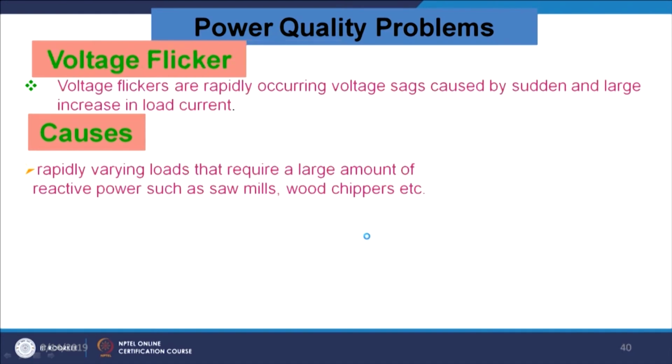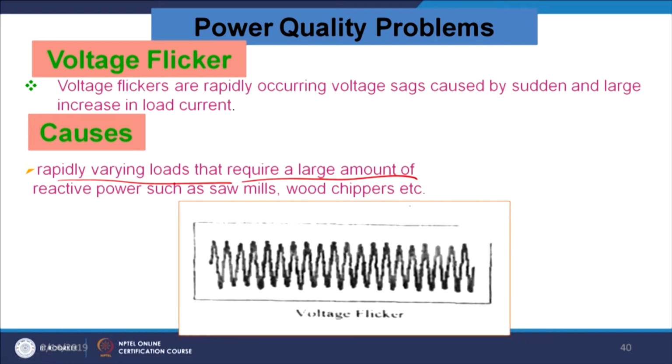Similarly, we can have flicker. These are rapidly occurring voltage variations caused by sudden large changes of the load, definitely due to rapidly varying loads that require a large amount of reactive power, such as a sawmill, wood chipper, etc., and we have this kind of flicker problem all of a sudden.